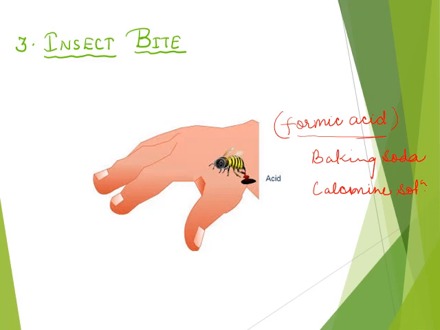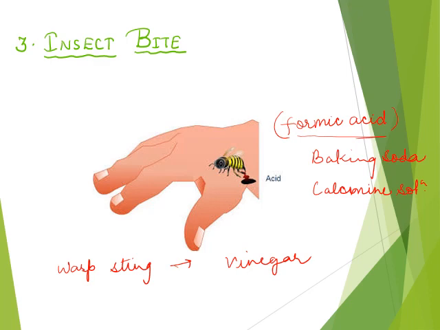In case of wasp sting, it is basic in nature, and therefore we will need an acid to neutralize its basic effect. Therefore, for wasp sting, vinegar is used. Why?